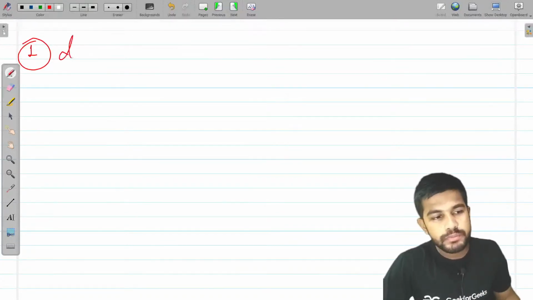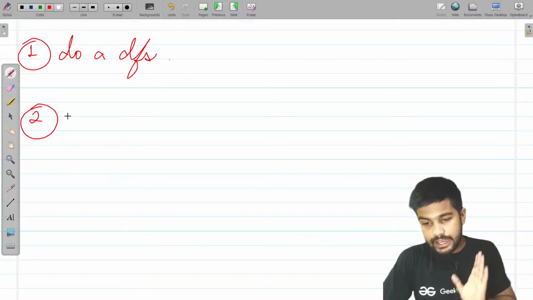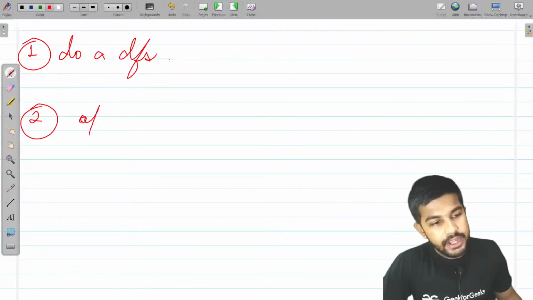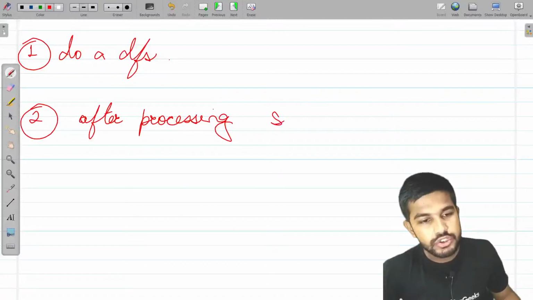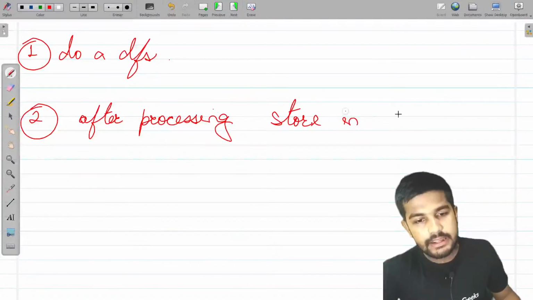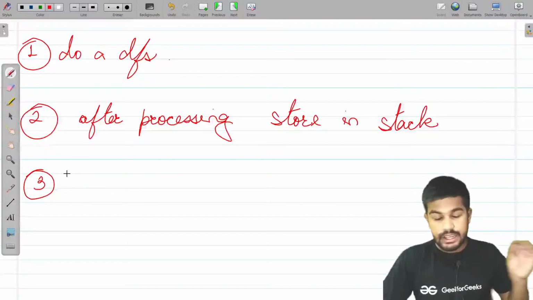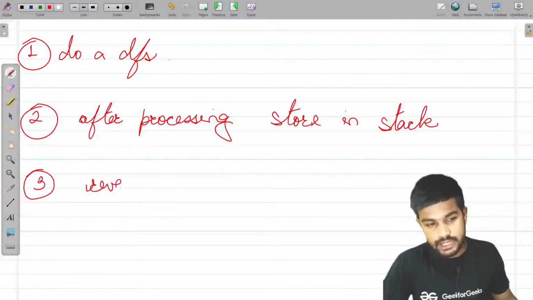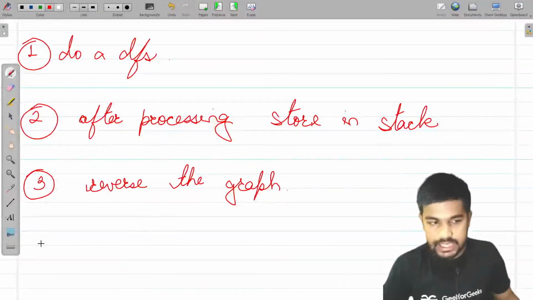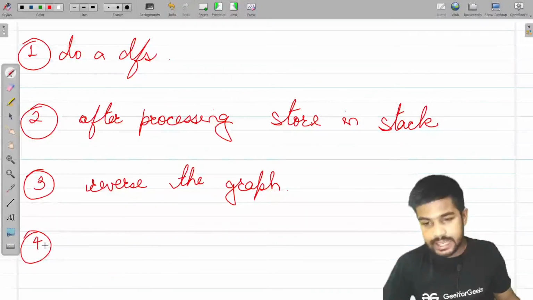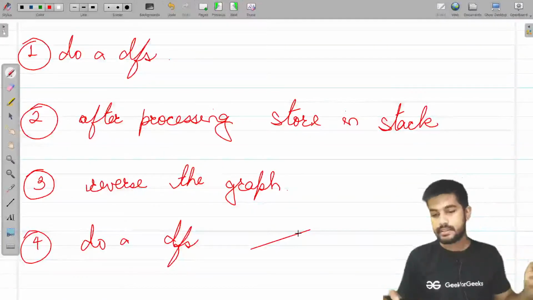Then after processing, store it in the stack itself. The next thing is to reverse the graph. And the fourth thing is to do a DFS again.